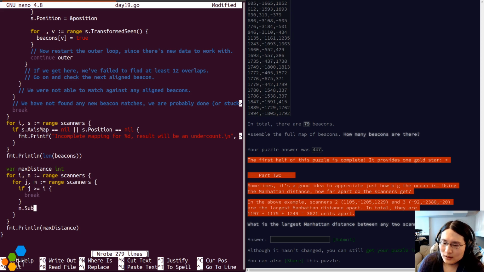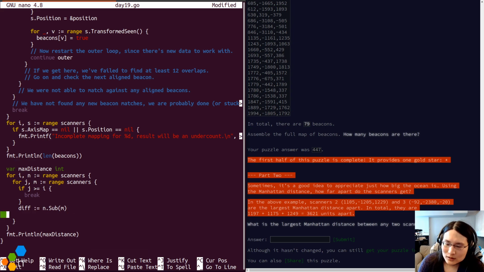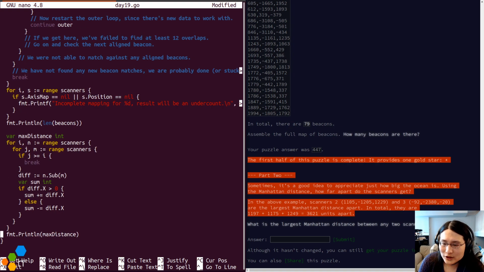Otherwise, N sub M. And then for some hint, if diff x is greater than 0, then sum plus equals diff x, else sum minus equals diff x, and then we just do it for all 3 dimensions, and that should do it.